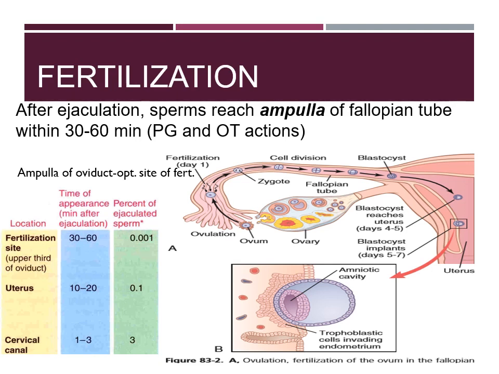And at the fertilization site, the upper third of the oviduct, there will be only a very small fraction of the sperms that will reach this site, and that's about 30 to 60 minutes after ejaculation.